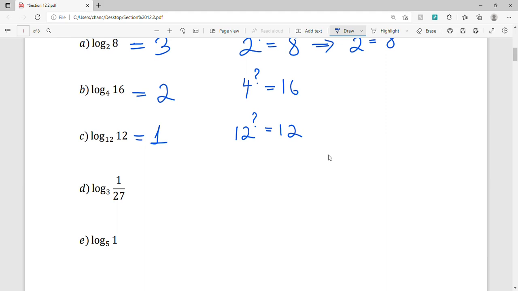In part D, 3 raised to what power gives us 1 over 27? The exponent has to be negative, and I know 3 raised to the negative 3 is equal to 1 over 27. And this means that log base 3 of 1 over 27 is equal to negative 3.